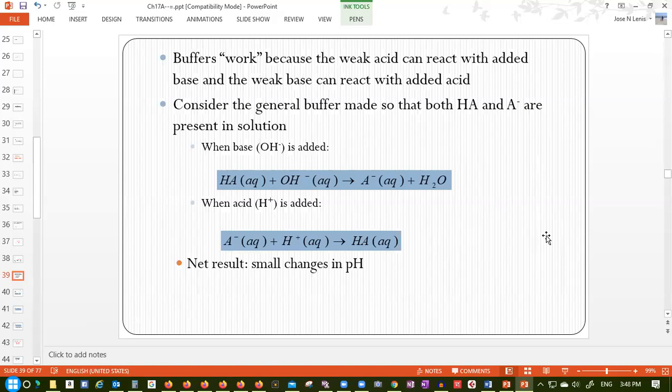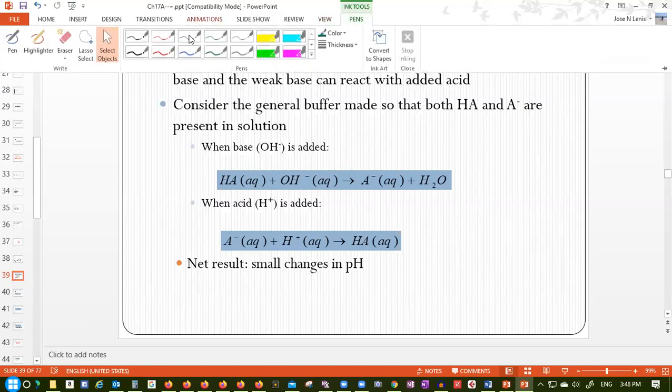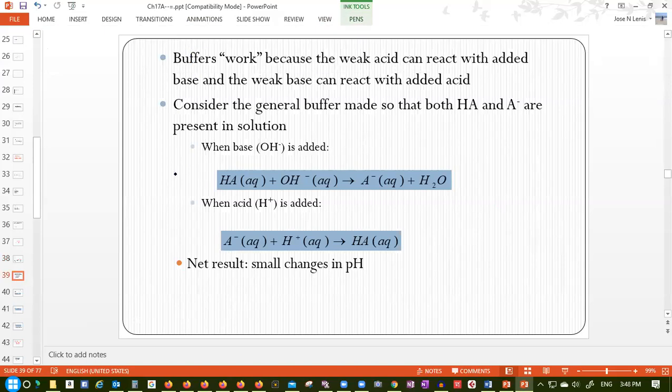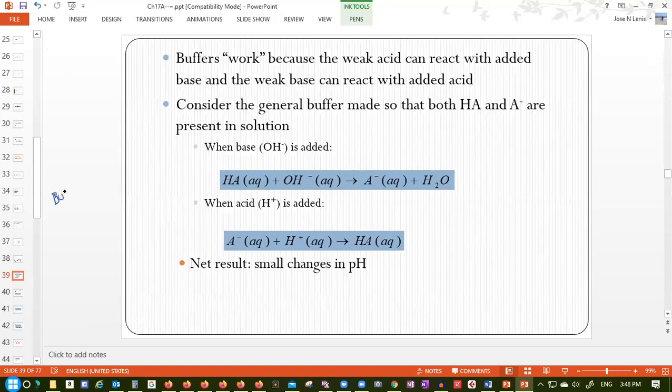So the buffer, let's assume we have a buffer here. Your buffer solution contains or has two components. One, the weak acid, and two, the salt.